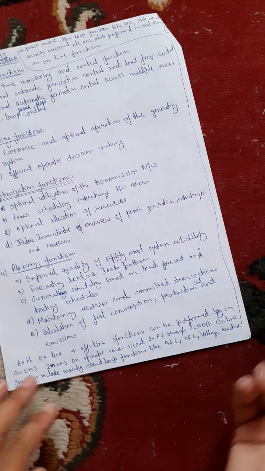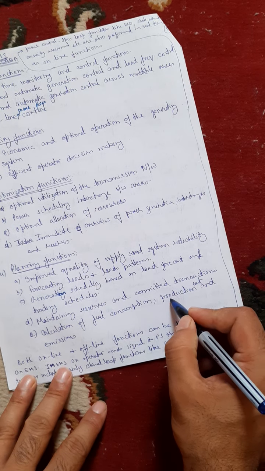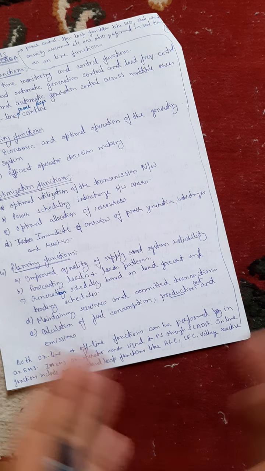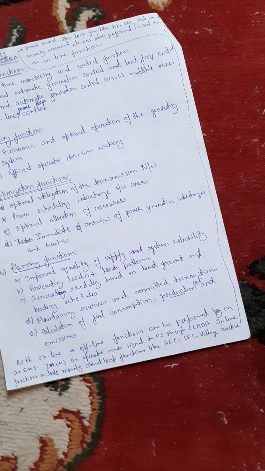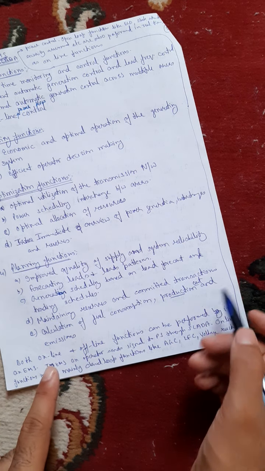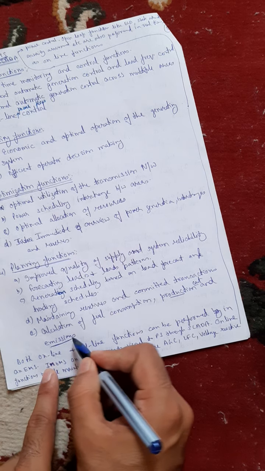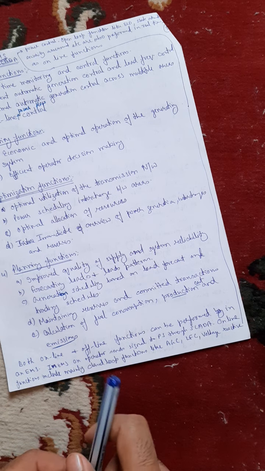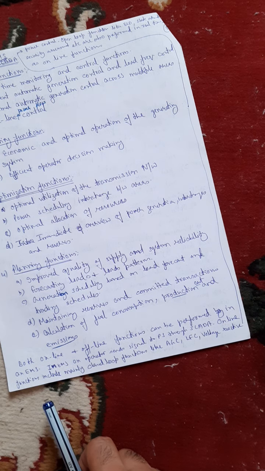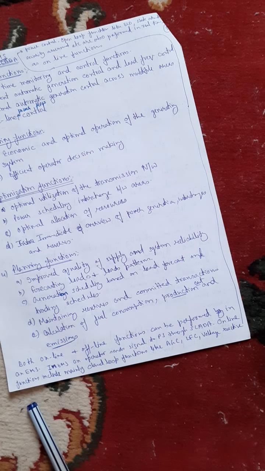What comes under planning means the production cost has to be determined initially. While making the plan, you will have to determine the production cost as well as the emissions. Emission is a very important problem nowadays, because you know that thermal power plants produce a lot of greenhouse gases.